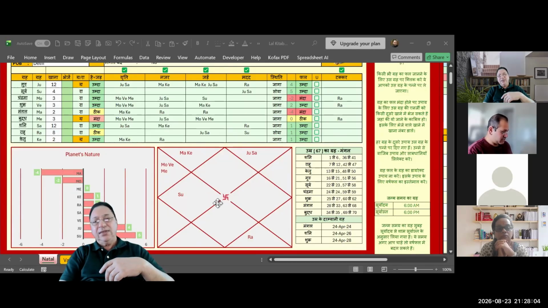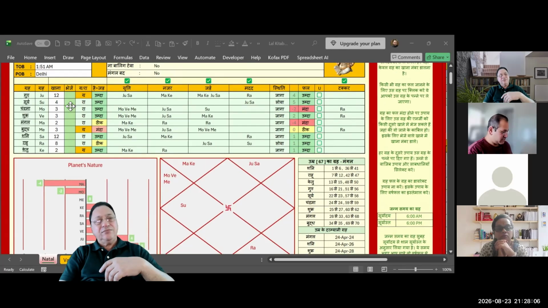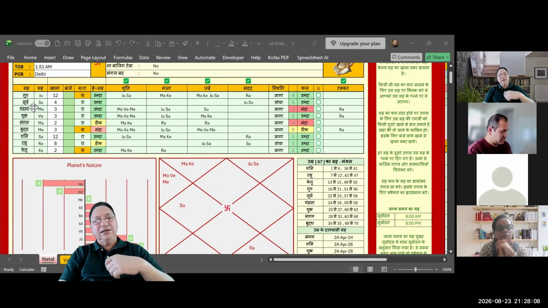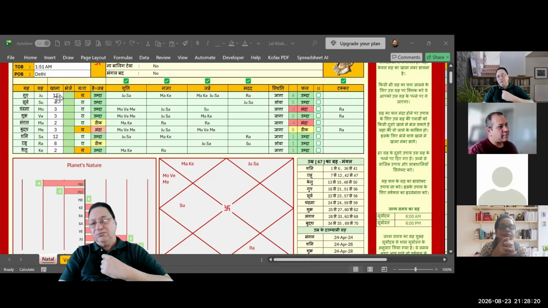Look at this and just put the planets like Jupiter, Sun, Moon, Venus, Mars, all the 9 planets. These are their Hindi names, and these are the house numbers, right?